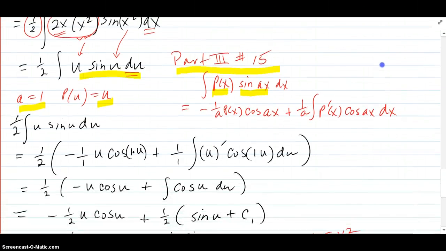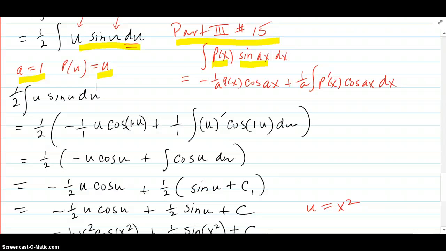So going to our integral that we have, 1/2 u sine u, following the template, will be 1/2 on the outside, that's coming from here, and we should have negative 1 over a, so negative 1 over 1, p of x, that's the u, cosine 1u, that's here, cosine 1u, plus 1 over a, but a is 1, over 1, integral of the derivative of the p, the polynomial, which is in this case u, cosine of 1u.